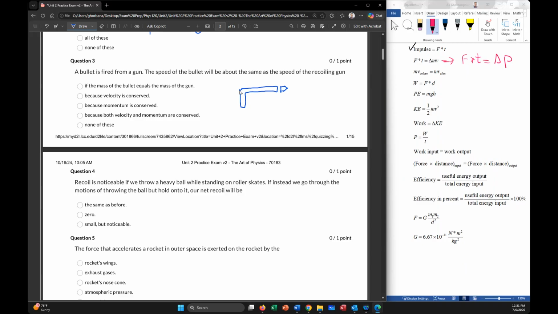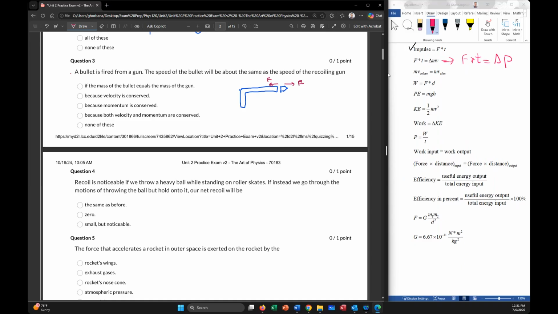Why did this happen? Because of action and reaction. The gun exerts force on the bullet, and the bullet exerts force on the gun. Let me just change the color. Same force, same force. You remember we said that the impulse is the change of momentum. These forces are canceling each other.